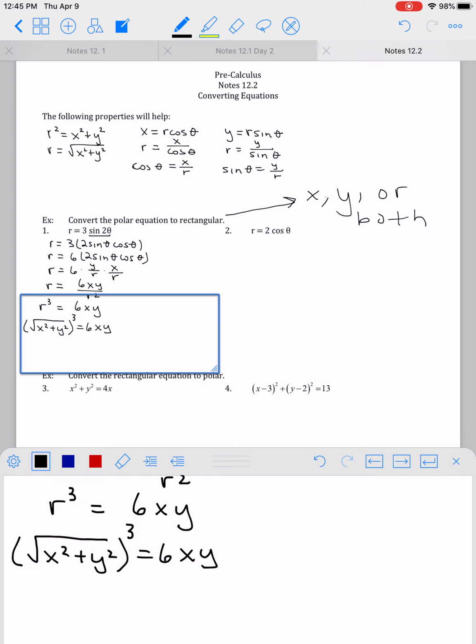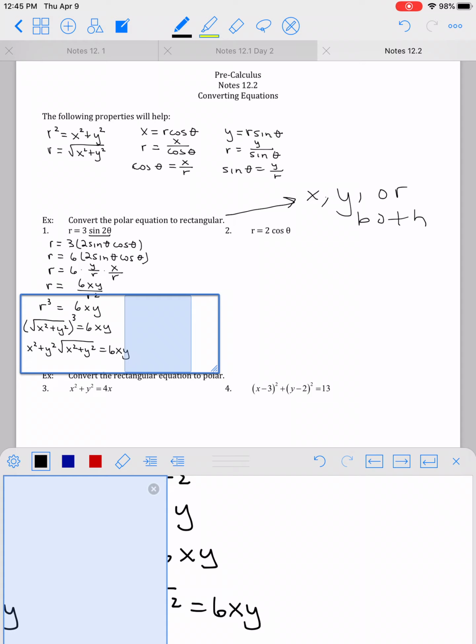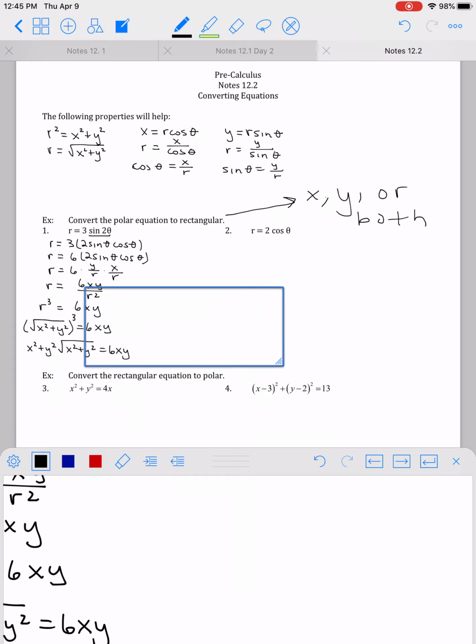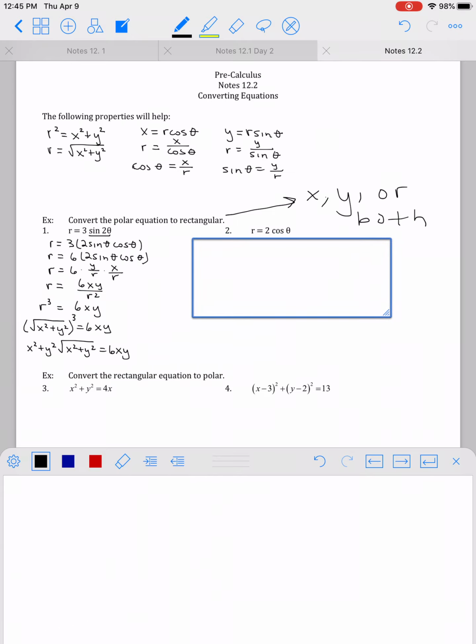The best we can do is know that a radical times itself would leave the x squared plus y squared on the outside, and still an x squared plus y squared underneath, and then equals 6xy. And so that is definitely good enough. Sometimes there are different variations. Some people set it equal to 0. That's fine as well.